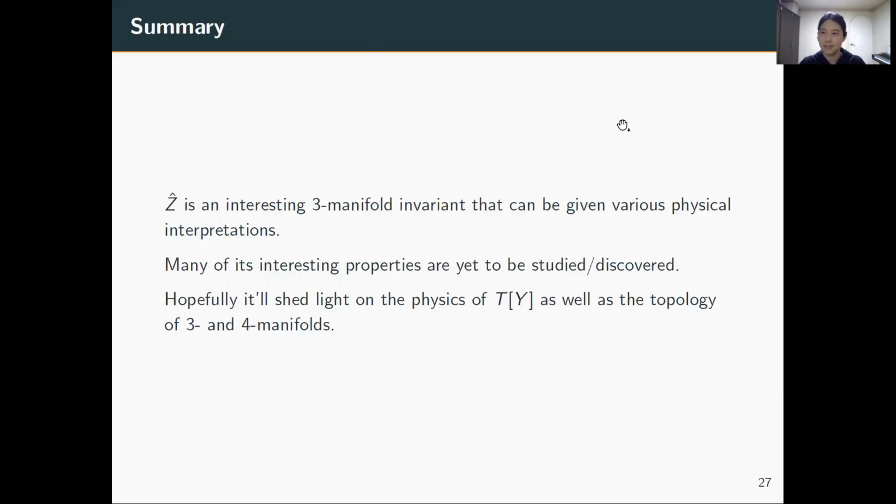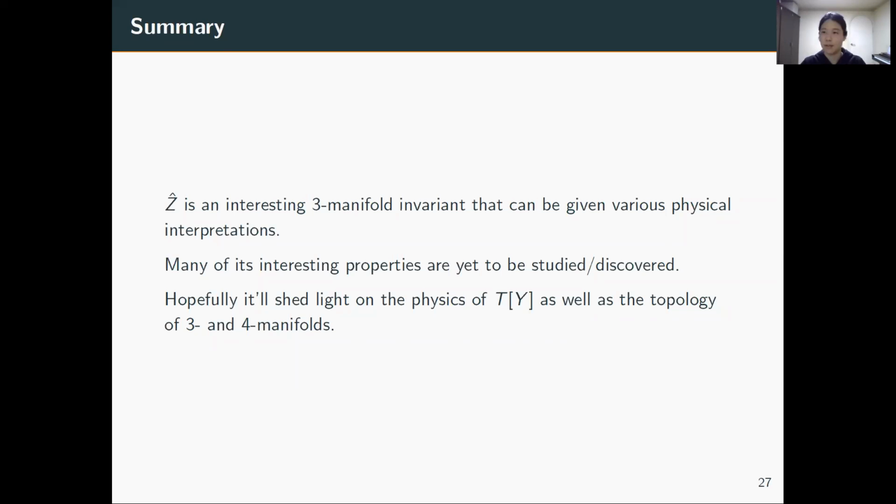So in summary, in this talk, I tried to convey what this interesting three-manifold invariant Z hat is, which can be given various physical interpretations. Many of its interesting properties are yet to be studied and discovered.